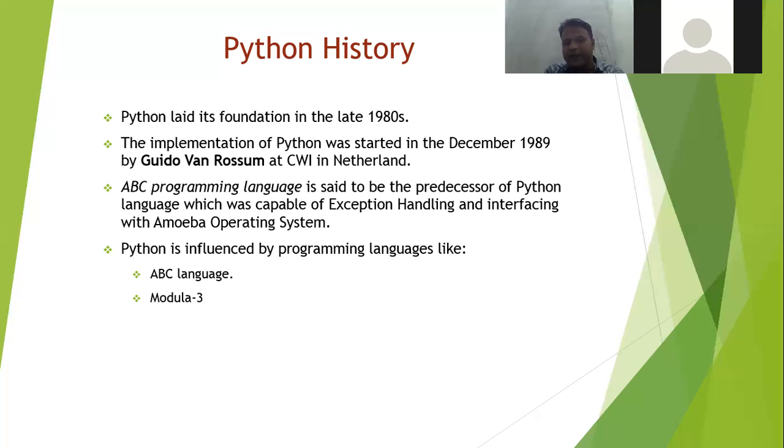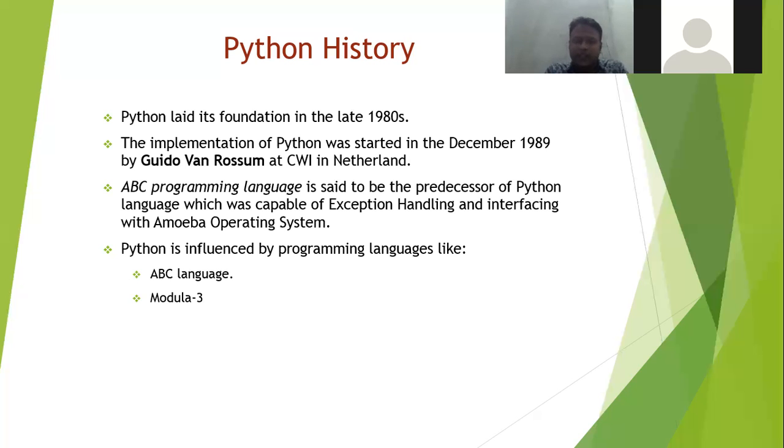But in 1995, when Java came to the market, at the same time Python was launched. When it was launched, it became very popular. Actually, the Python name came from Monty Python.